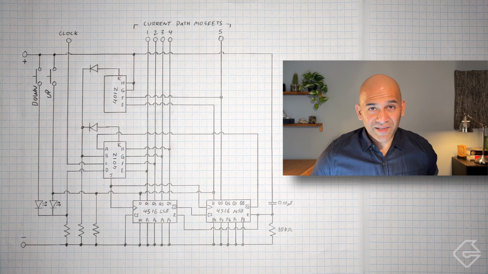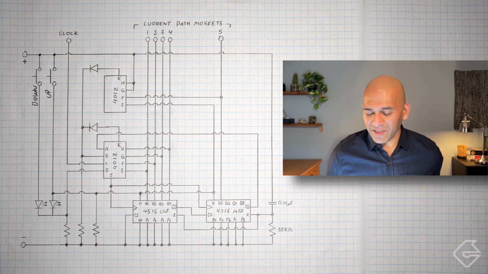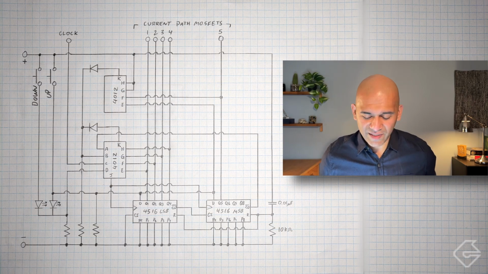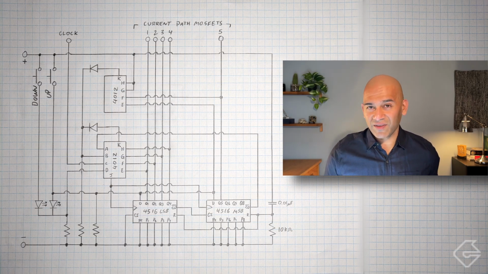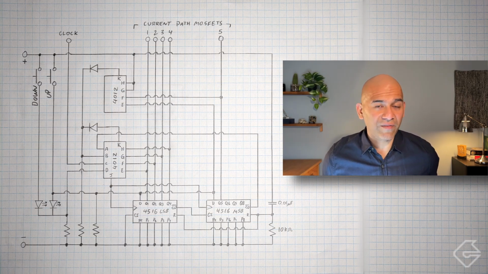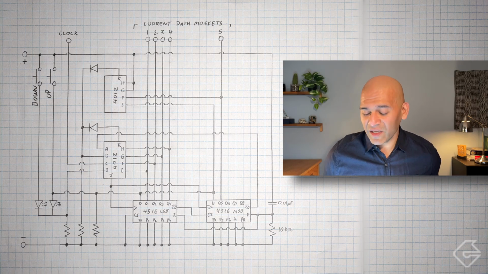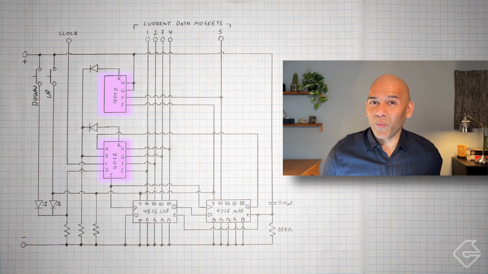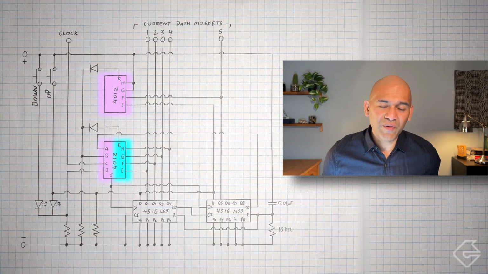Take a look at this. This, of course, is our circuit. I've used a different visual of the circuit. Instead of using the gates that we had previously, I've put in the chips that we used in our circuit for episode 14. The chips that we used are 4012 chips. These were for the NAND gates, so this enabled our logic. But remember, each one of those chips has two 4-input NANDs.